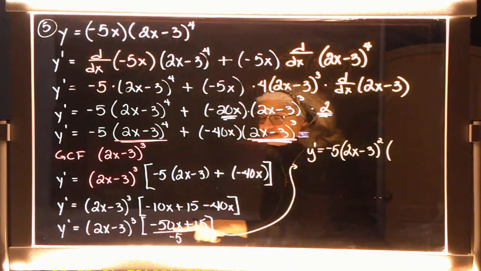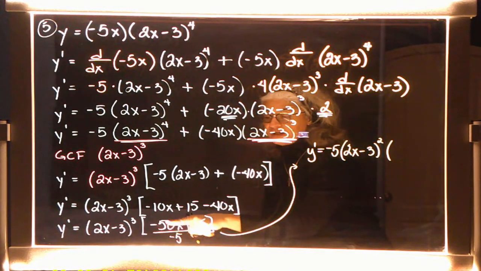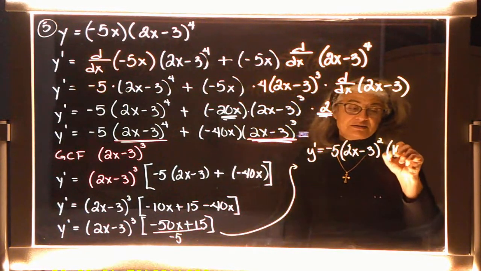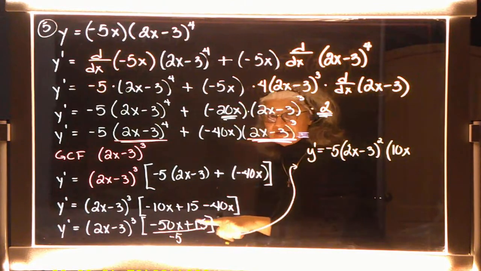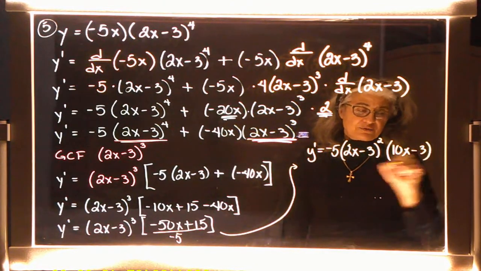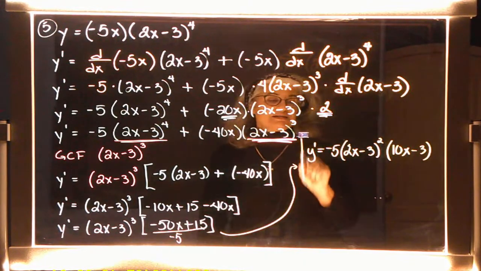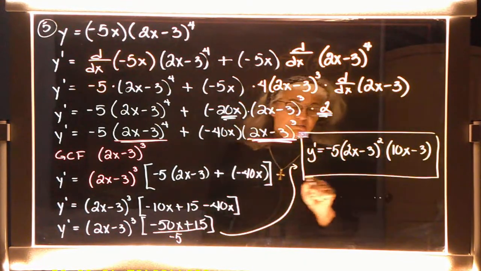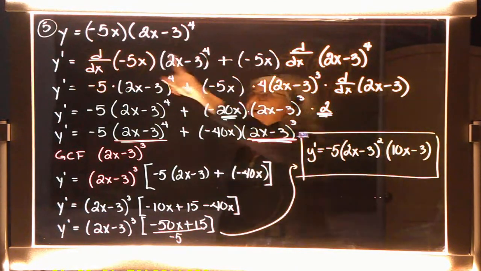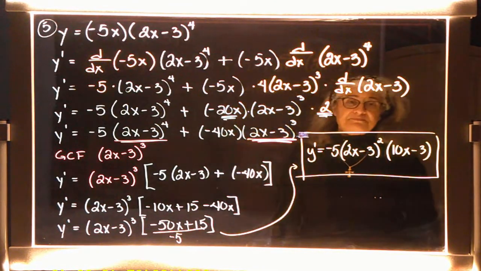And out of here, when I divide a negative 5 out, what do I get out of negative 50x? Good, a positive 10x. And a positive 15 divided by that negative 5 is a negative 3. This would actually be my final answer. This would be considered the derivative of the original function.